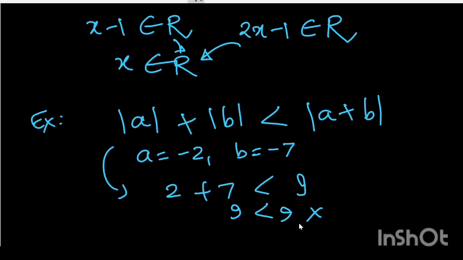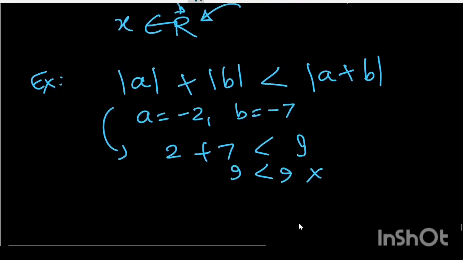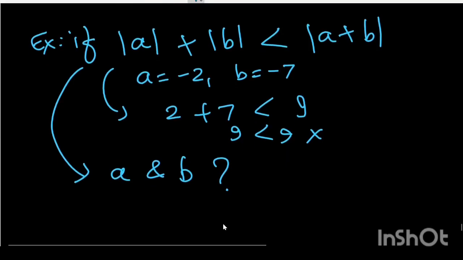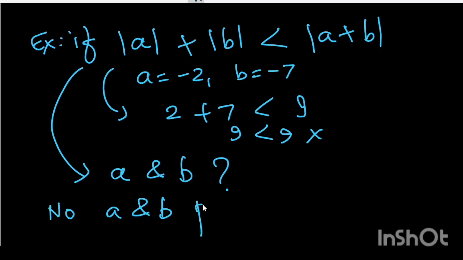In fact, any combination you write, even 0 and 0, won't hold. So we can say no a and b are possible.